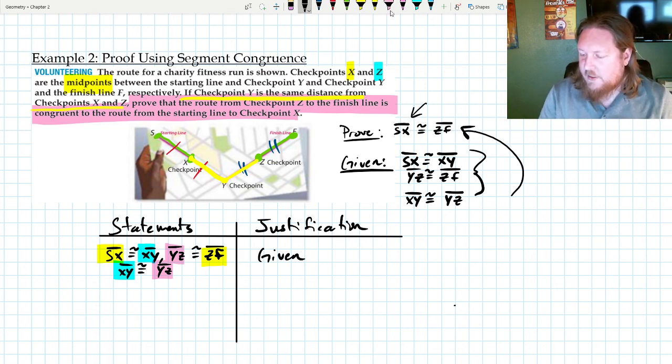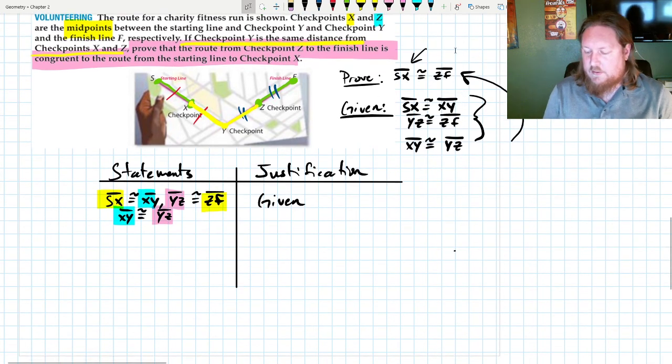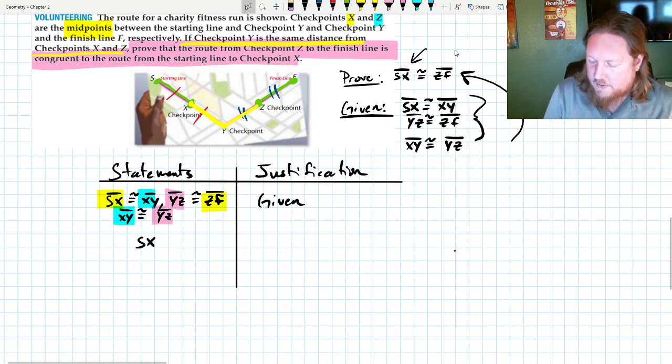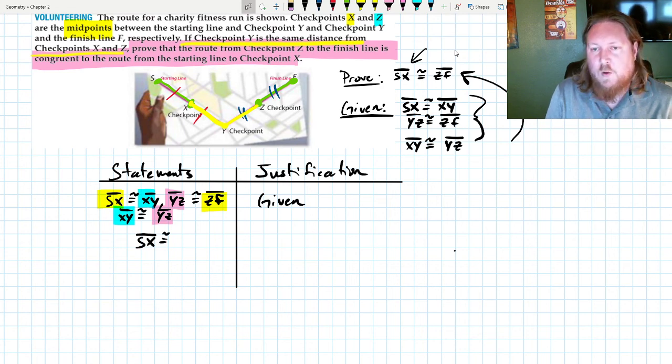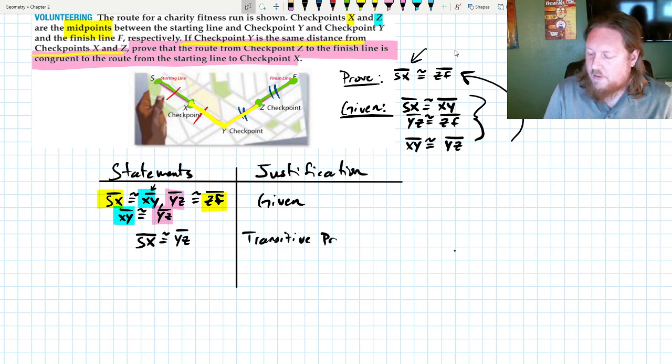I want SX on the left, so I'm going to start with what I know about SX. SX is congruent to XY. You can see that here in the blue. What else do we know that that's congruent to? Well, it's congruent to YZ through the transitive property.